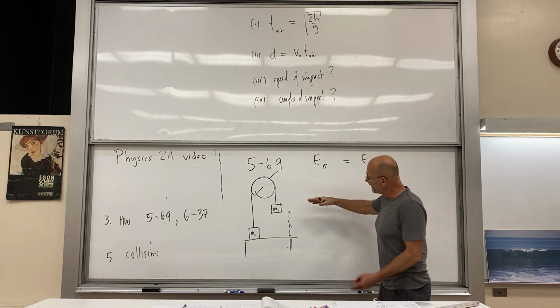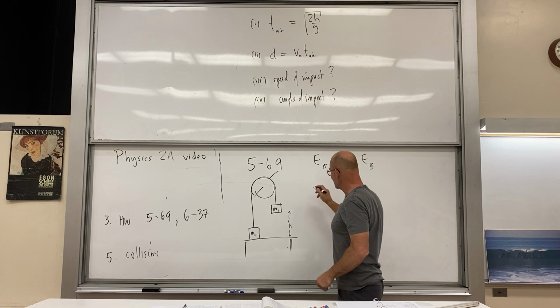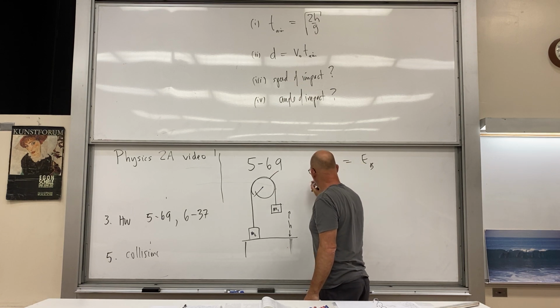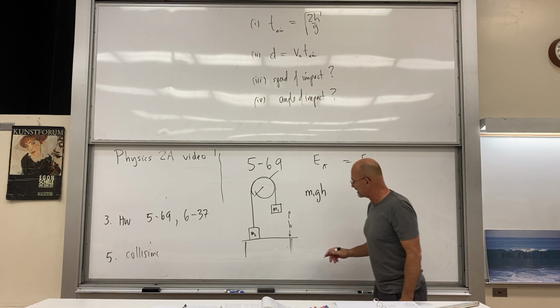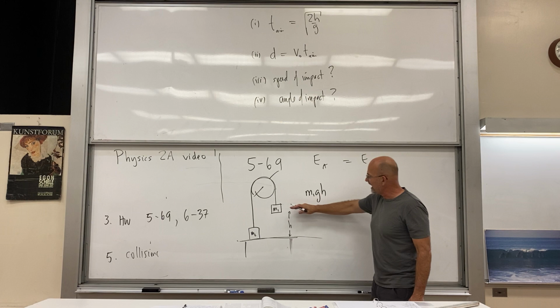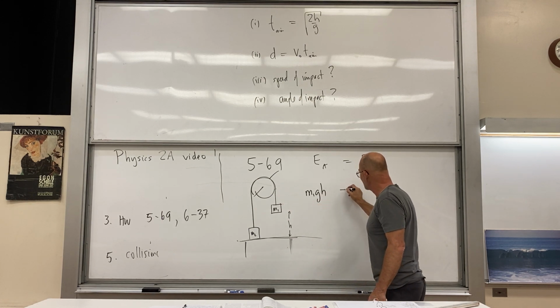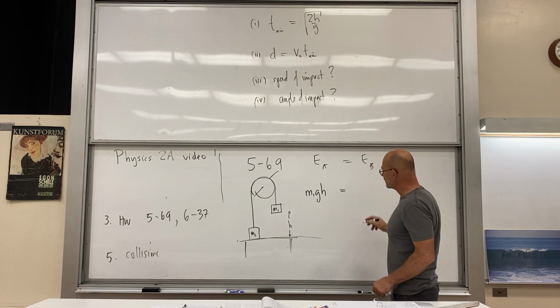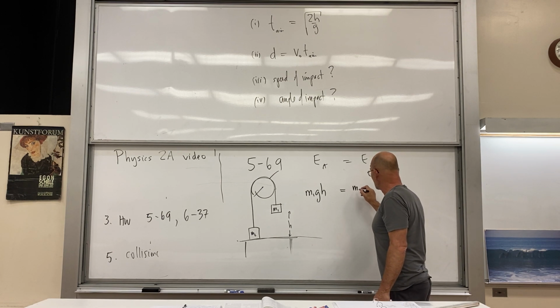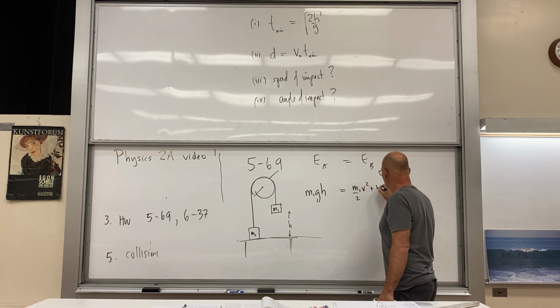So I can call this scenario A, and B is when they pass each other at equal heights. When it's released from rest, the energy at A is just M1gH. I'm going to call this my zero level. M1gH is the potential energy of this block. Now when they're moving, they're both moving, so I have M1 over 2 v squared plus M2 over 2 v squared.